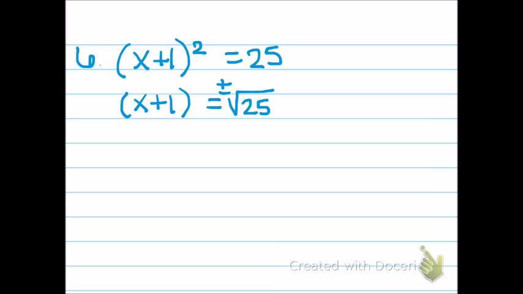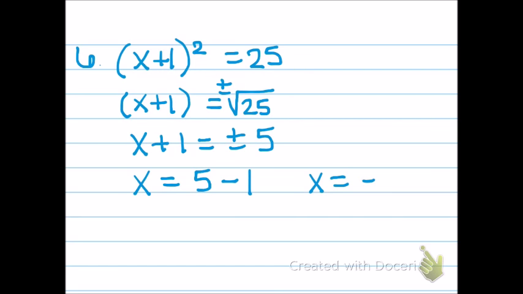The square root of 25 is 5, so we can do x plus 1 equals plus or minus 5. Then we can do x equals positive 5 minus 1, and x equals negative 5 minus 1, so that our answers are x equals 4 and x equals negative 6.